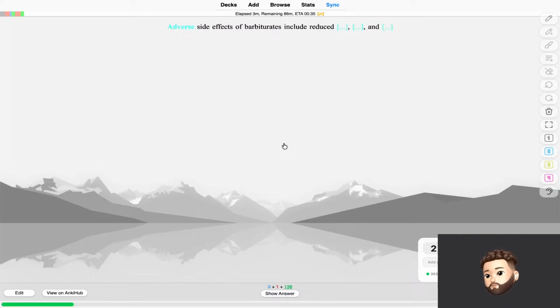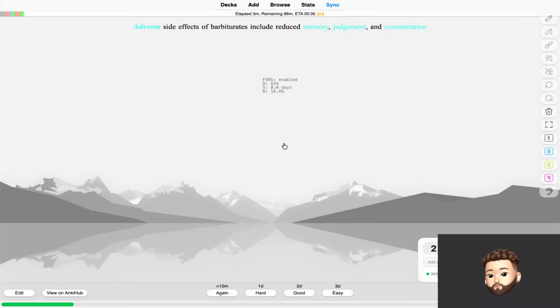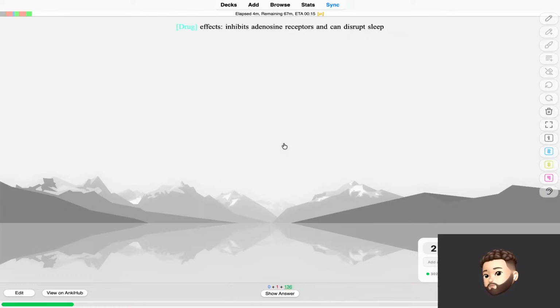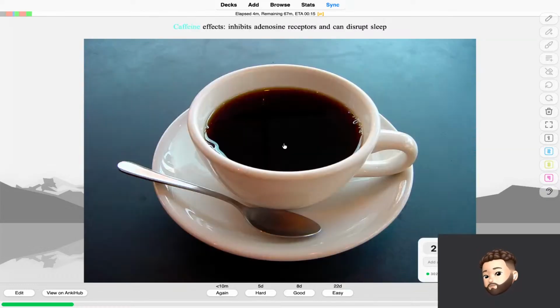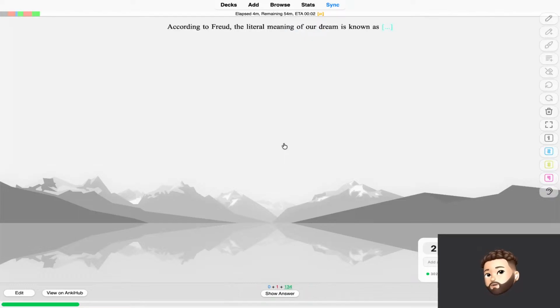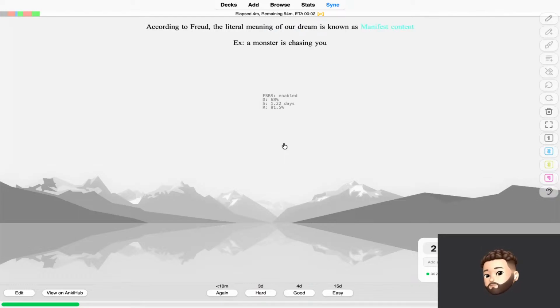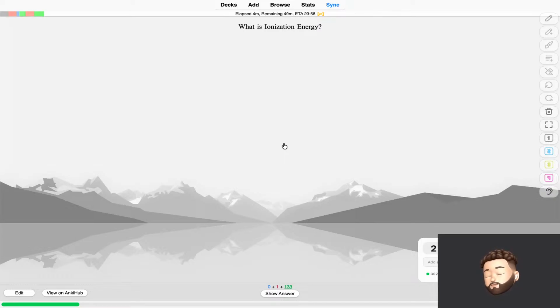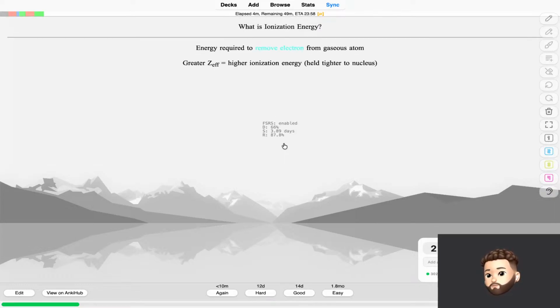Reduced memory, judgment, and concentration. Nice. With internal, no, because it can be symmetrical. Caffeine, the hammer. The manifest content, the amount of energy needed to remove an electron. Oh man, I really want to memorize that gaseous atom part.